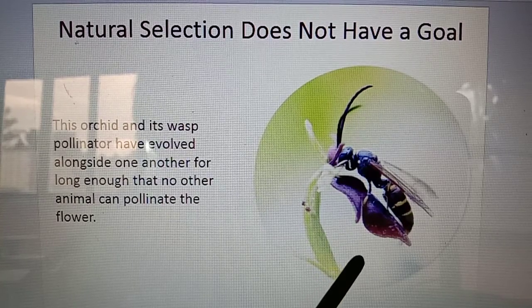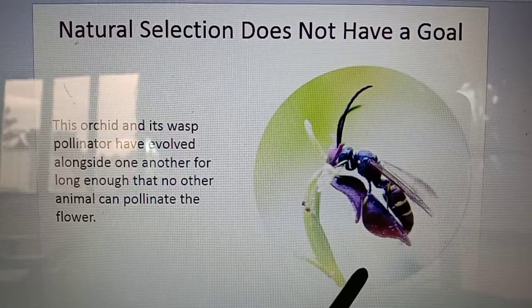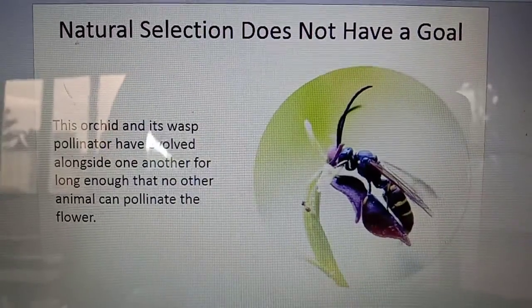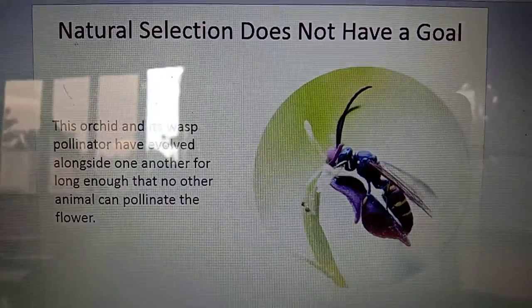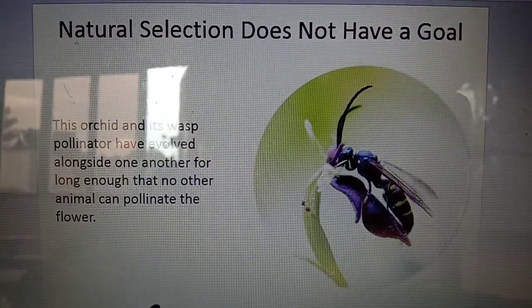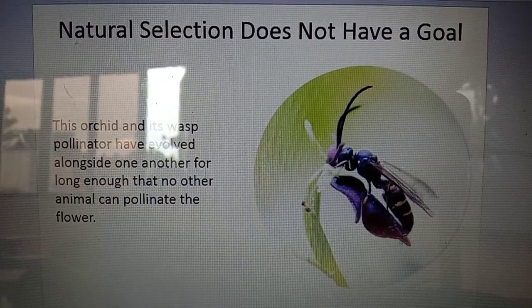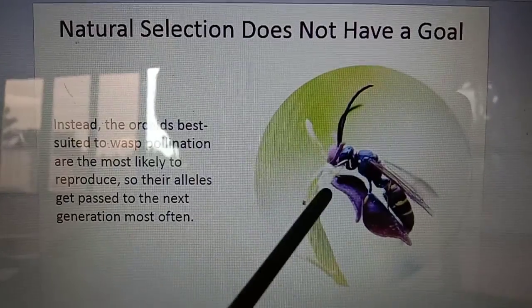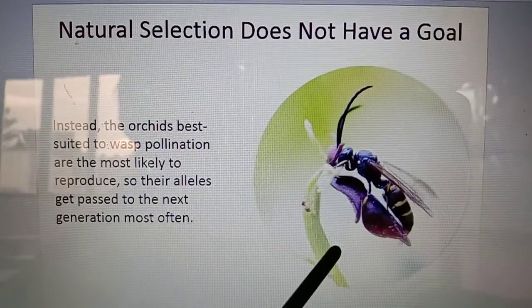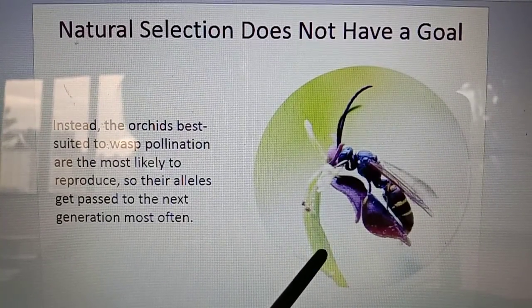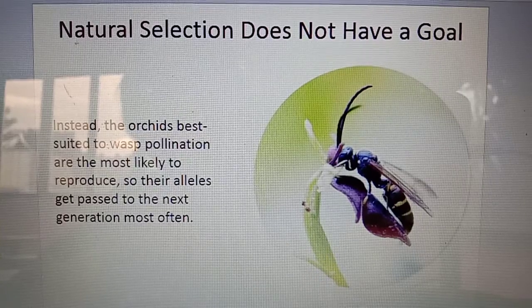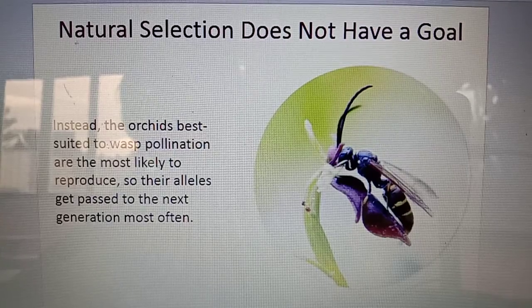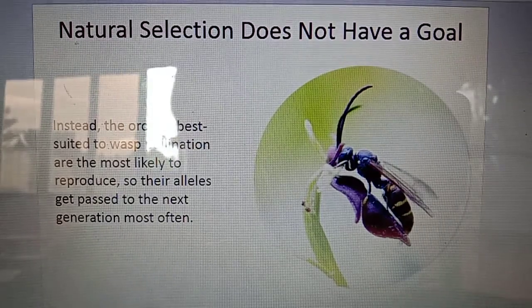Neither the orchid nor natural selection has foresight. So, natural selection does not have any determination. It just naturally appears. Instead, the orchids best suited to wasp pollination are the most likely to reproduce, so their alleles get passed to the next generation most often.